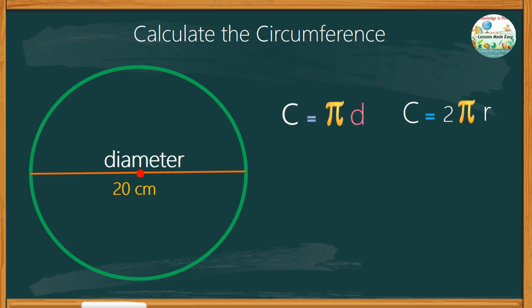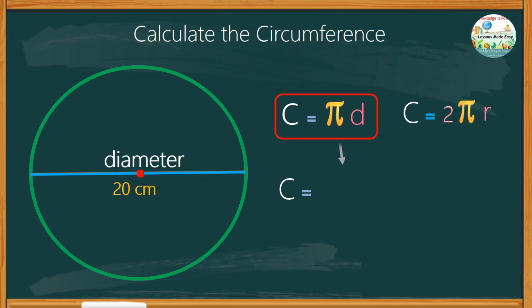For this problem, it is reasonable to use C equals pi d, since the given measurement is the diameter. It is unwise to use 2 pi r because using this formula means you have to divide the diameter by 2 to get the radius and then multiply by 2. This is just a waste of time, so let's stick with pi d.